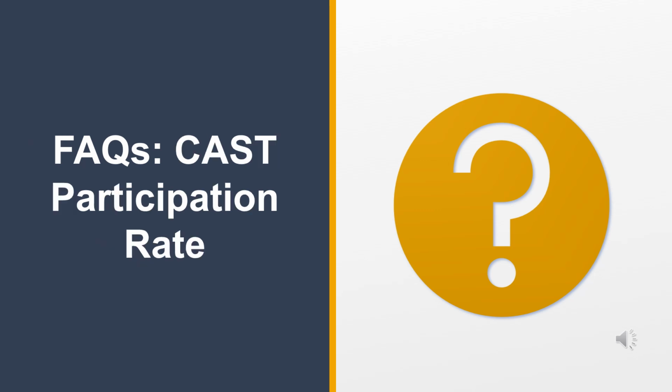And finally, the last question we'll cover today. My school did not reach 95% participation on CAST. What will happen? At this time, the California Science Test is a part of the Science Indicator and not included as a measure on the Academic Indicator.